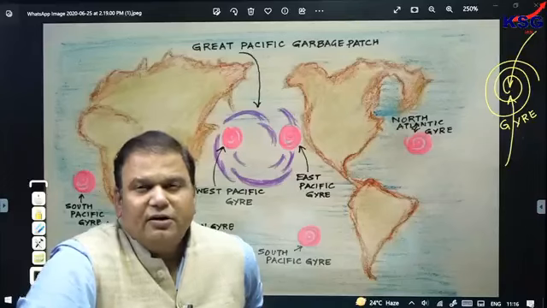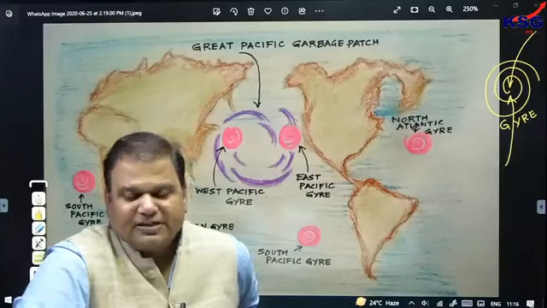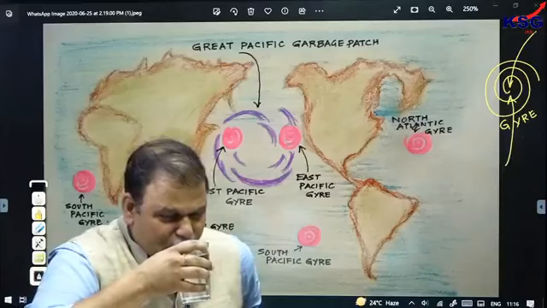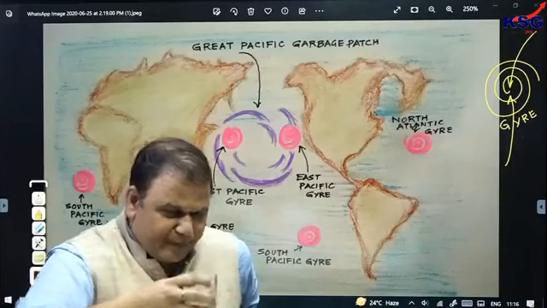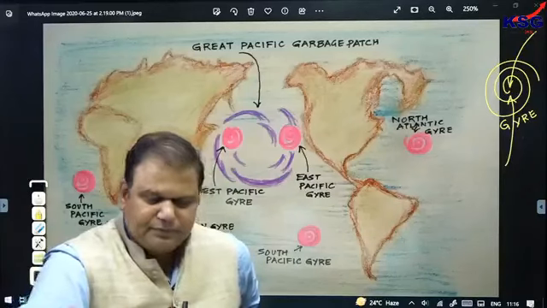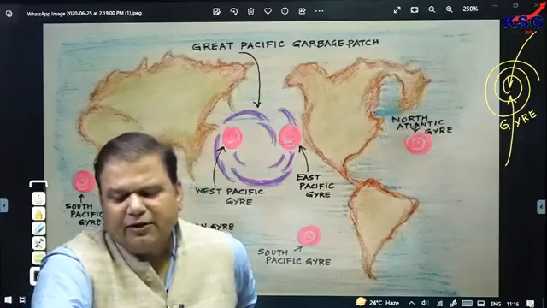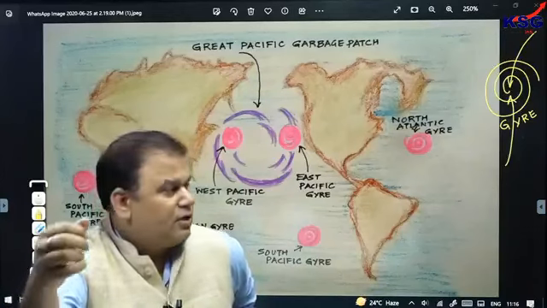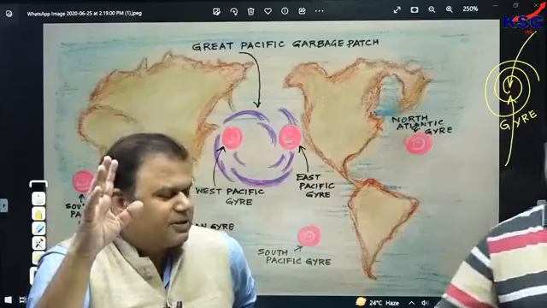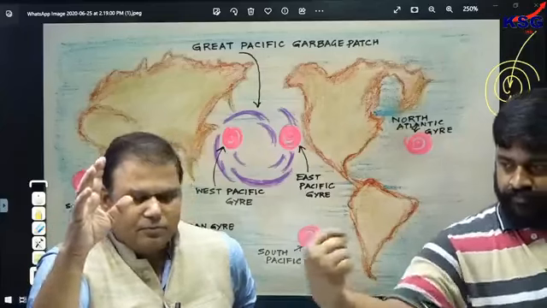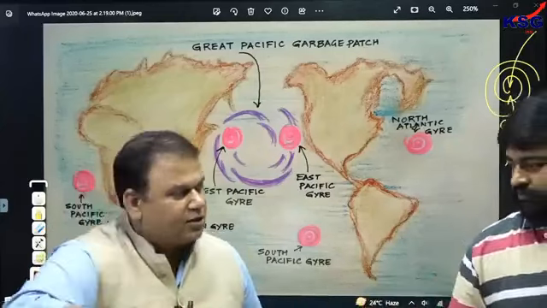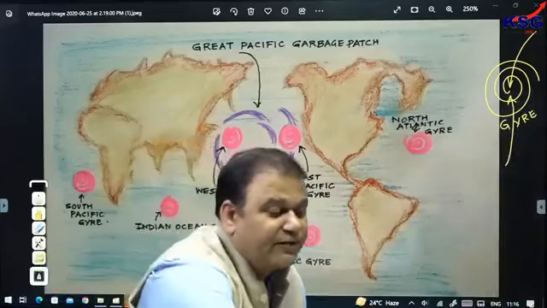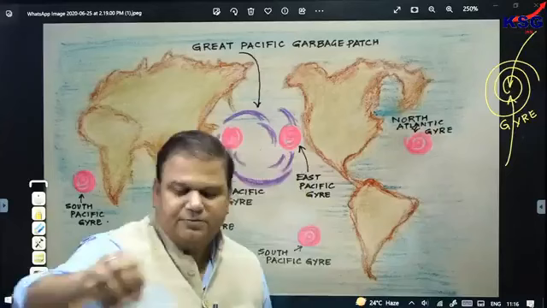In the central and northern part of Pacific Ocean, a suspended trash is present. Suspended trash means suspended waste.